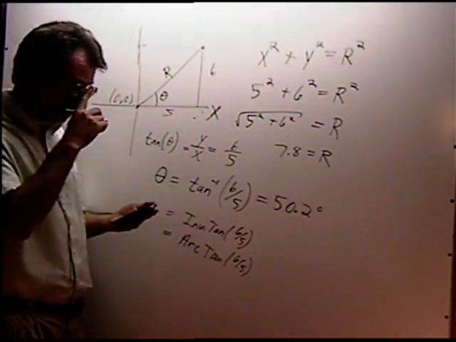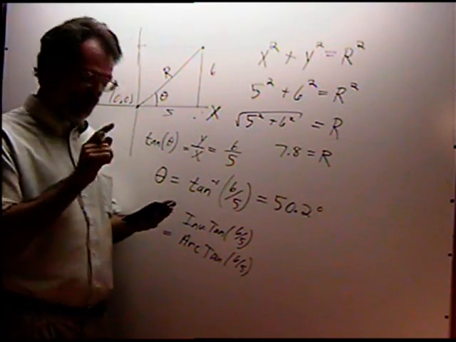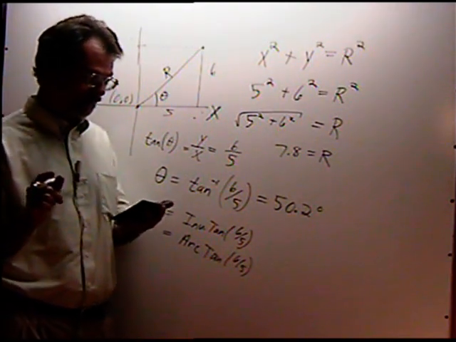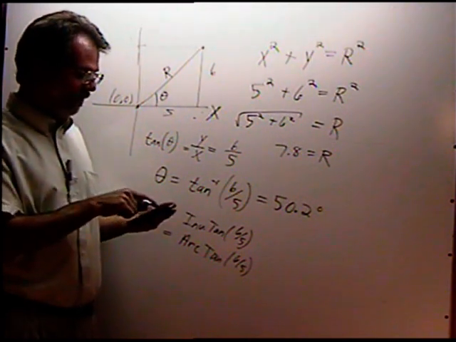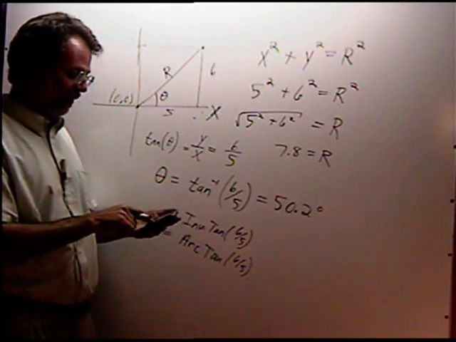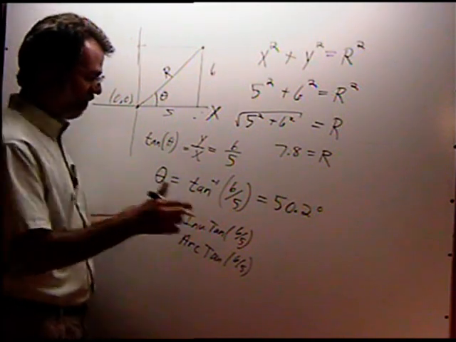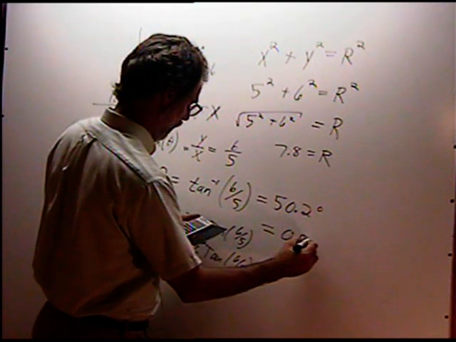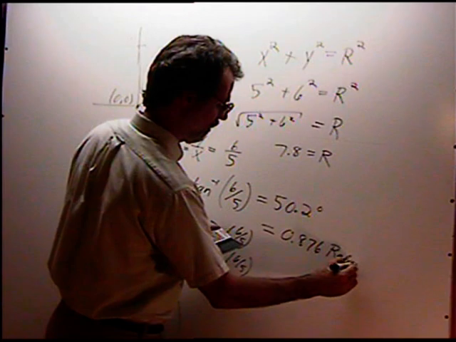Now, notice something very important with your calculator. You should be able to switch your calculator from degrees to radians. I'm going to go ahead and switch mine. I've now switched from degrees to radians. If I do this same function, 6 divided by 5, and then arc tangent, I come out with 0.876. But now this is in radians.